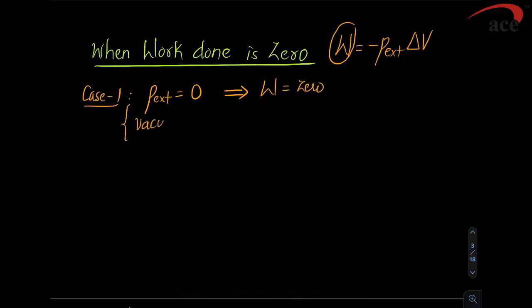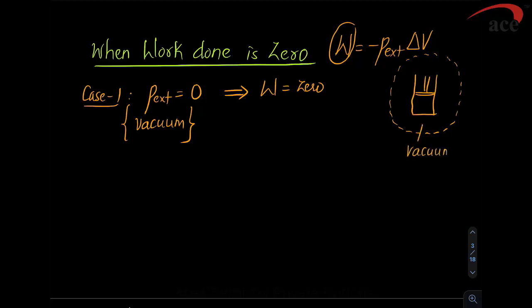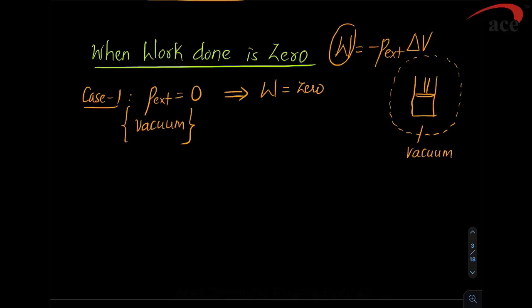In a vacuum, the external pressure is 0. If you take a cylinder fitted with a piston and put it into a vacuum, then work done will be 0.